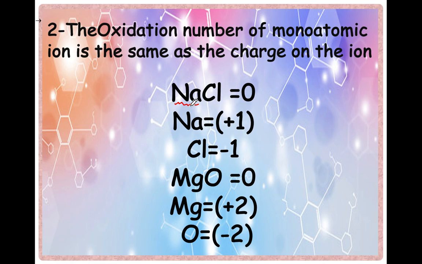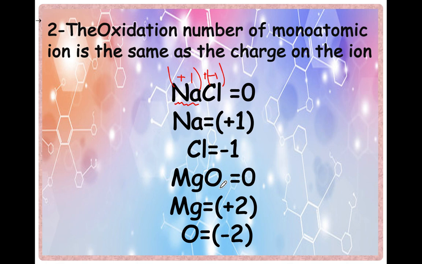But inside the compound, the whole oxidation number is 0. So if I add positive 1 plus negative 1, the sum is 0. The same for magnesium oxide. Magnesium in the periodic table is in group 2, so its oxidation number is positive 2.